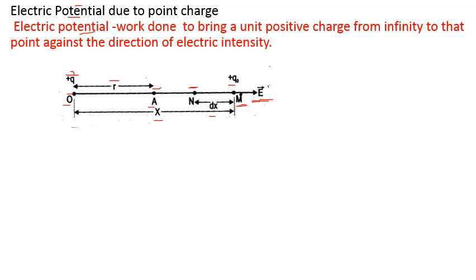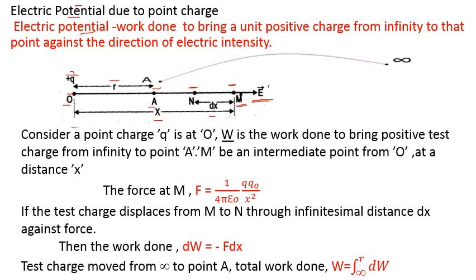Now we have to bring this unit test charge from infinity to the particular point A. For this purpose, some work is done. We have to find this work. Clear? Now as per this diagram, you have to write down the explanation.